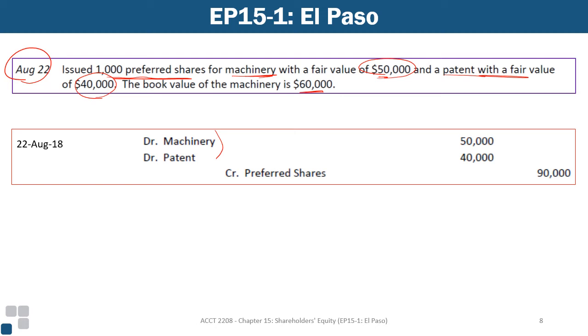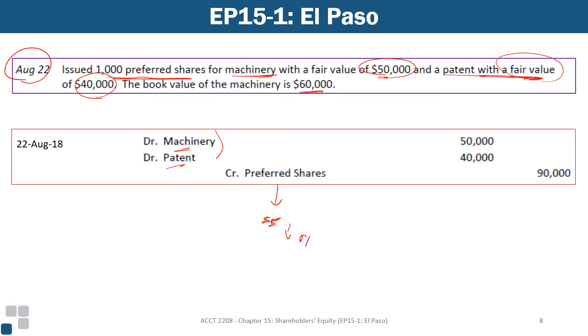The fair value of equipment and patents is more reliable even than shares, because shares are subject to fluctuation on an open market. So you could have a preferred share that today is worth $5 a share, and then suddenly the stock market collapses around the world and that drops to $1 a share tomorrow or even the next hour. So these are more solid and more reliable estimates, or actually not estimates, appraised fair values. So these are what we use.